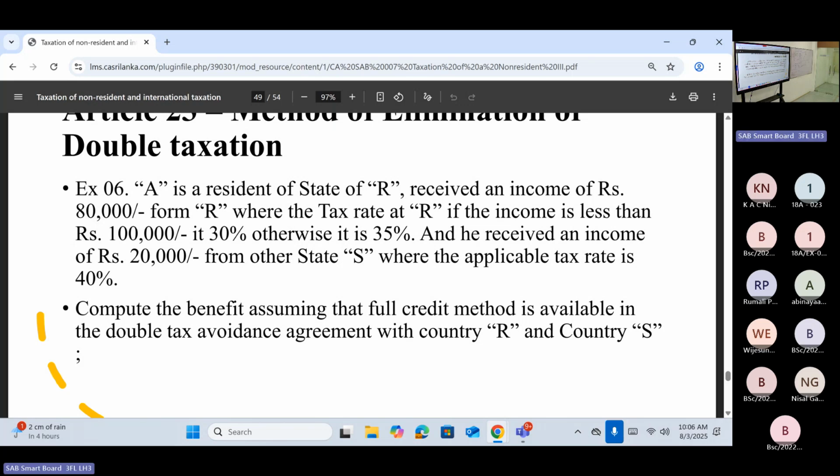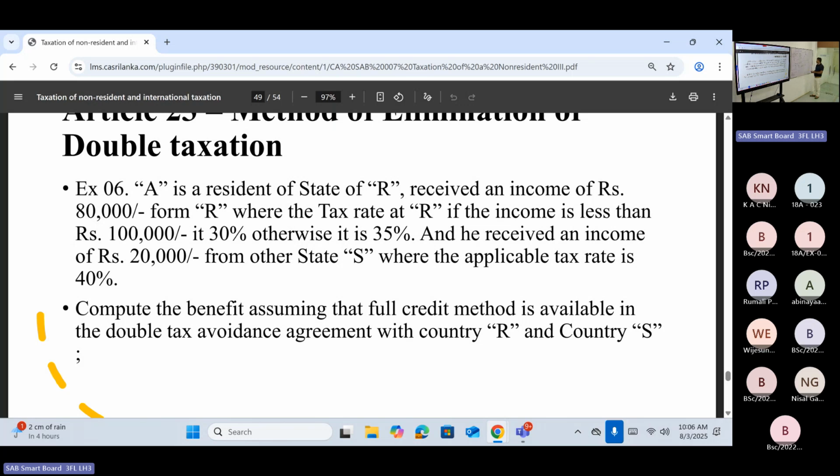How much? So in country R he is receiving 80,000 at 35%. In country S he is receiving 20,000 at 35%. Because we are not giving exemption, we are taxing that amount. Total 100,000 at 35% gives 35,000 tax.